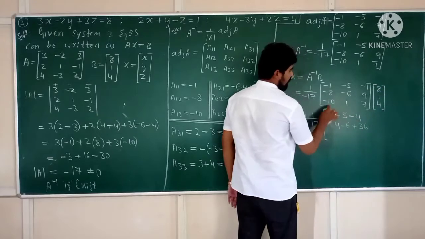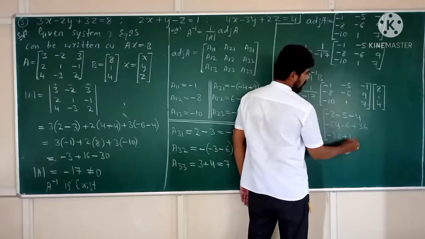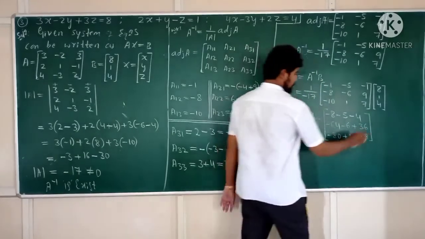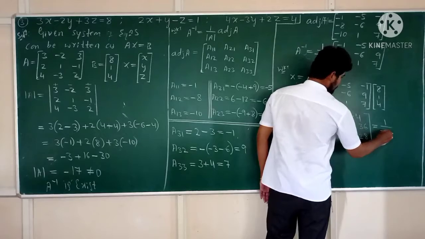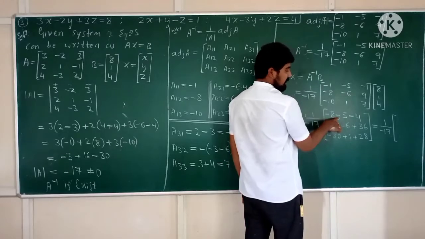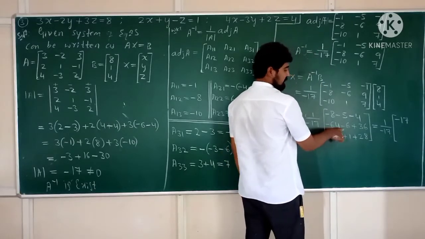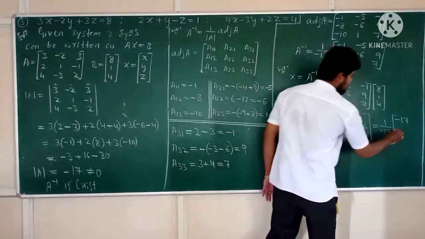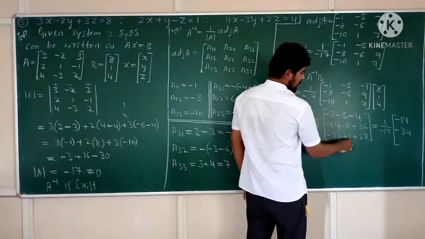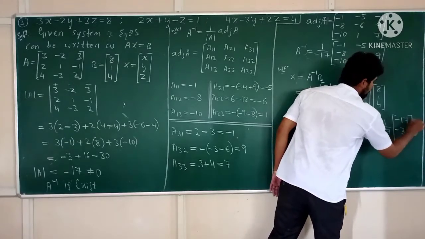Third row: minus 10 into 8, minus 80, 1 into 1, 1, 7 into 4, 28. So we get minus 13, minus 34, minus 51.